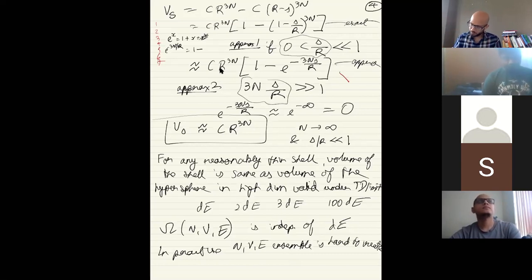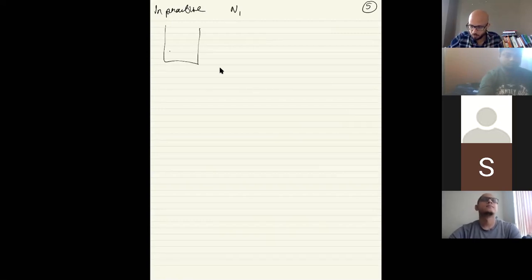In practice, what is more common is a constant temperature ensemble, constant number. So you create a beaker, and in the beaker you have put a certain number of things.